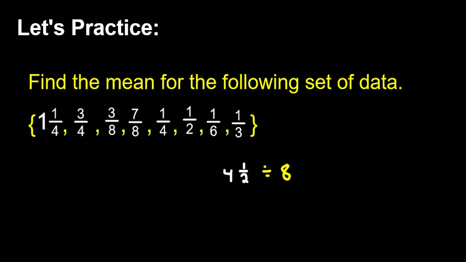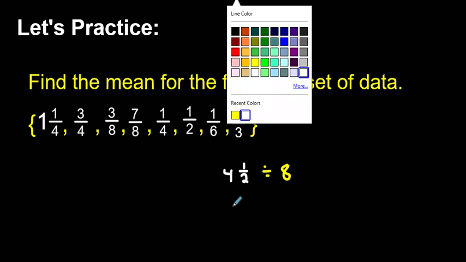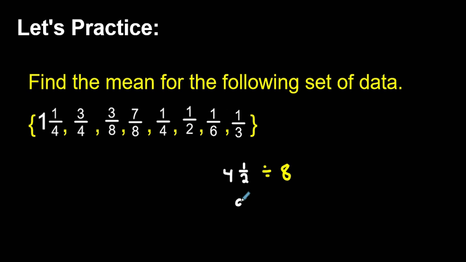When dividing with fractions or mixed numbers, we have to convert into an improper fraction first. So we take 4 times 2 is 8, plus 1 is 9 over 2. And we need to multiply by the reciprocal. So instead of dividing by 8, you're actually going to multiply by the reciprocal of 8, which is 1/8.